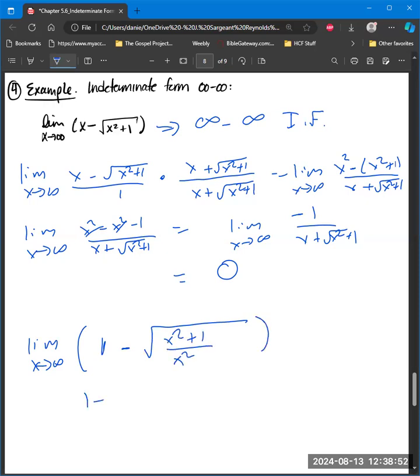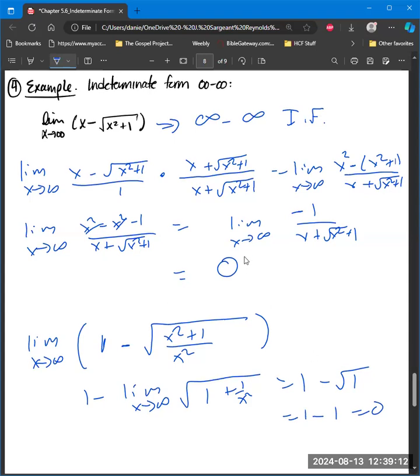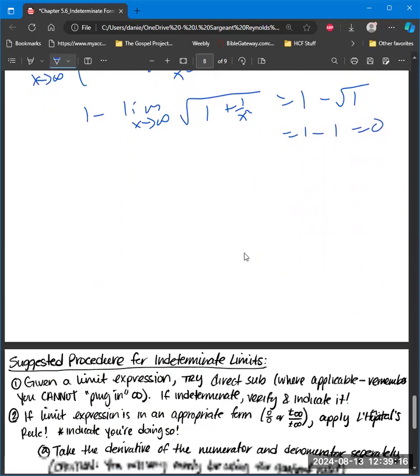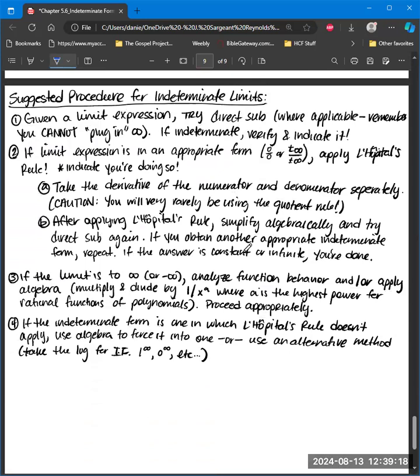It's 1 minus the limit as x goes to infinity of the square root of 1 plus 1 over x squared, so 1 minus the square root of 1. 1 minus 1 is going to be 0. That's our old technique, and we would have gotten the same answer. And I think that sometimes those old techniques are just as good or even better than our new techniques.